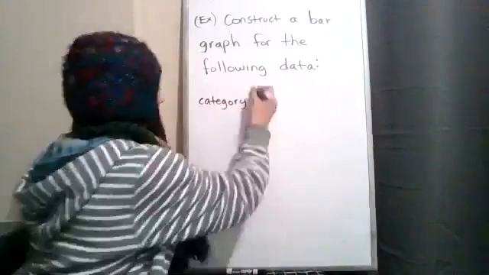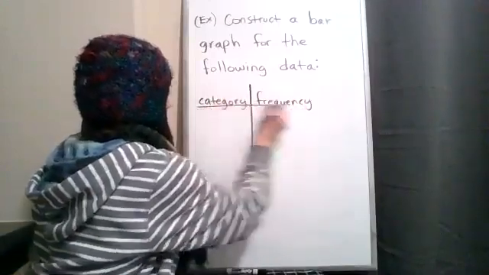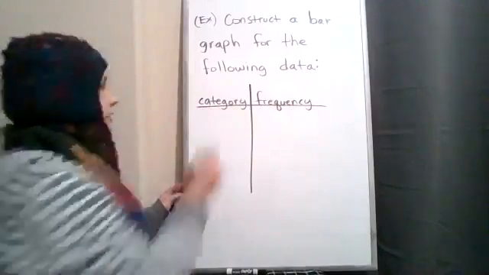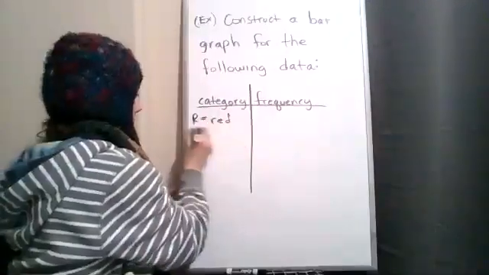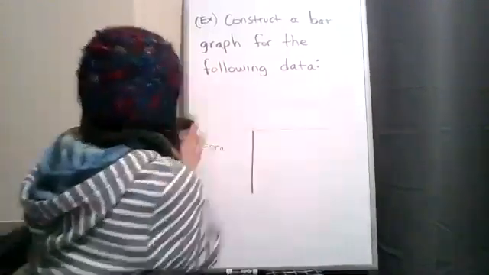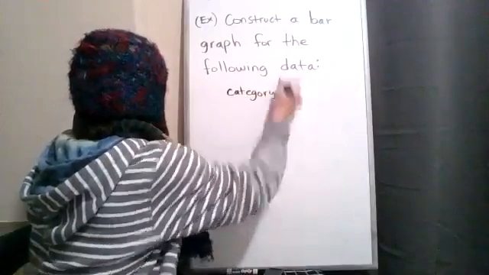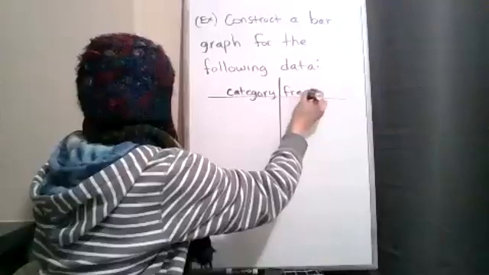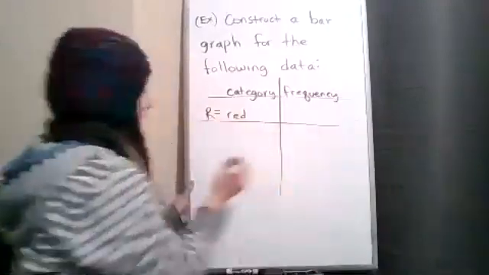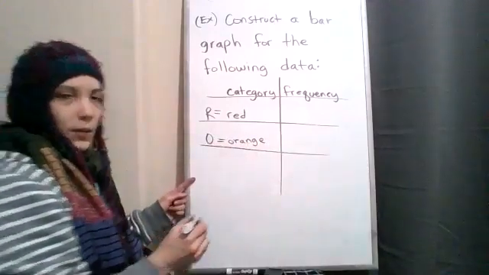Okay, so you're given a table, and then the frequency. It's going to have red, orange, yellow, green, blue, purple. R for red, O is orange, Y for yellow.